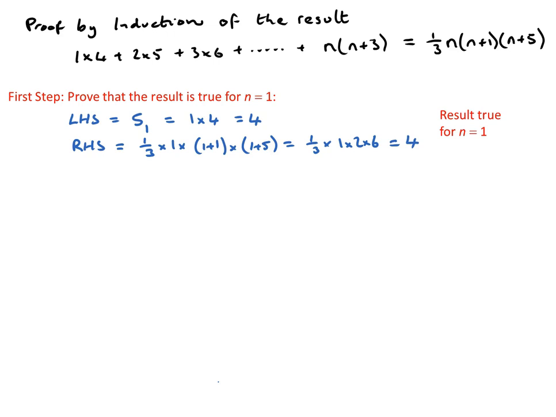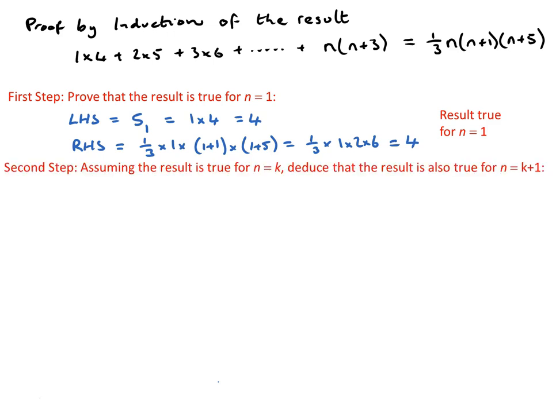The second step in our induction is that we must assume the result is true for n equals k and deduce that the result is also true for n equals k plus 1. Considering n equals k plus 1, S(k+1) is 1 times 4 plus 2 times 5 all the way along to k times (k plus 3), and then a final term of (k plus 1) times (k plus 4).